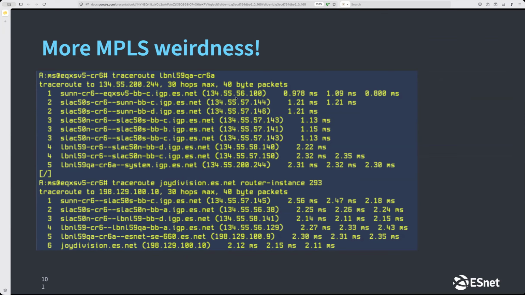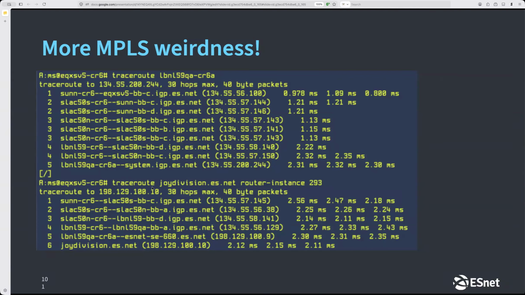It's actually very correctly hitting the ingress interfaces. You can also see some evidence of ECMP here, where there are multiple interfaces at each hop. But in this case, it goes to the interface from Equinix SV5. It hits the ingress interface at Sun CR6 that points toward Equinix SV5 and so on and so on.